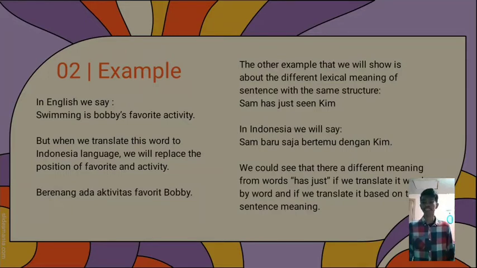Sam has just seen Kim. In Indonesian, we say Sam baru saja bertemu dengan Kim. We can see that there is a different meaning of the word just if we translate it word by word and if we translate it based on the sentence meaning.